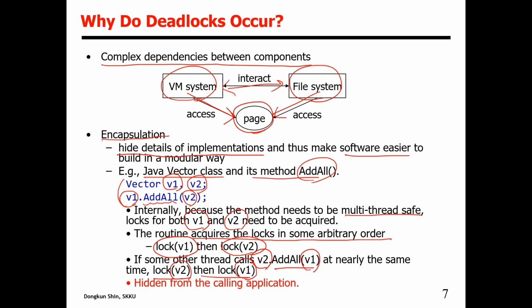Then there can be a circular dependency, and this can generate deadlock. But this situation is hidden from the calling application because the operation is encapsulated within the method. So the software programmer cannot recognize the deadlock situation.